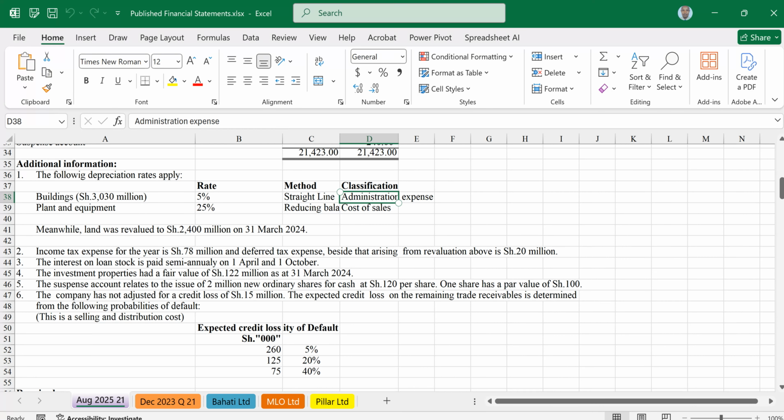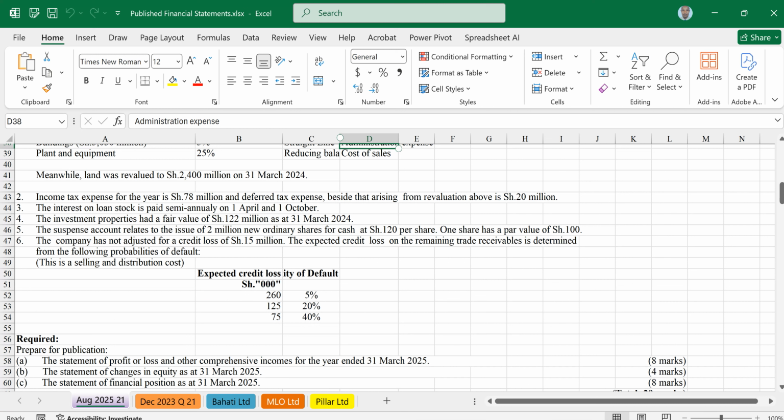The company has not adjusted for credit loss of shillings 15 million. The expected credit loss on the remaining trade receivables is determined from the following probabilities of default. So here we'll be getting amount times the probability, then we come up with the expected credit loss. And this is taken to the selling and distribution cost.